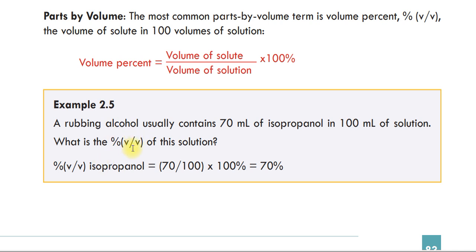Percent by volume ተብሎ ነው የሚነበበው or VV የምንለው ማለት ነው። So እንዴት ነው የምንሰራው?